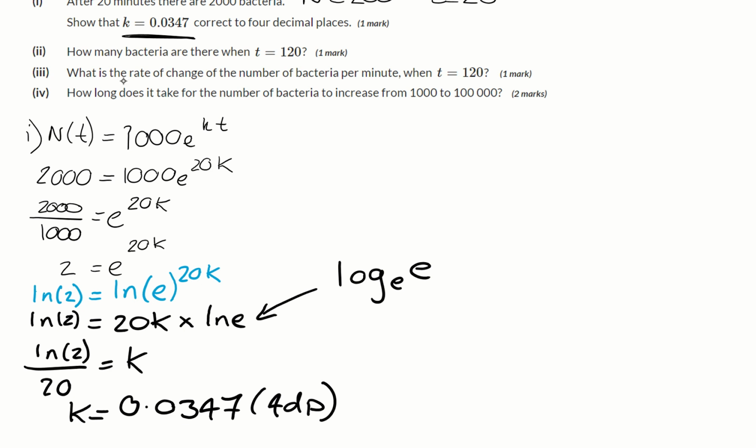So now look at part 2. It says, how many bacteria are there when t equals 120? So now I need to know the number of bacteria at t equals 120. Now notice before, I said once you find k, that sticks. You can use that for the rest of the question unless they've said otherwise.